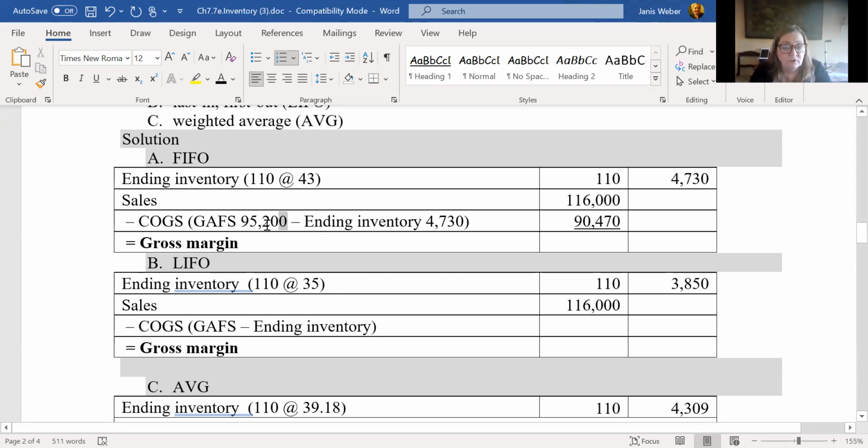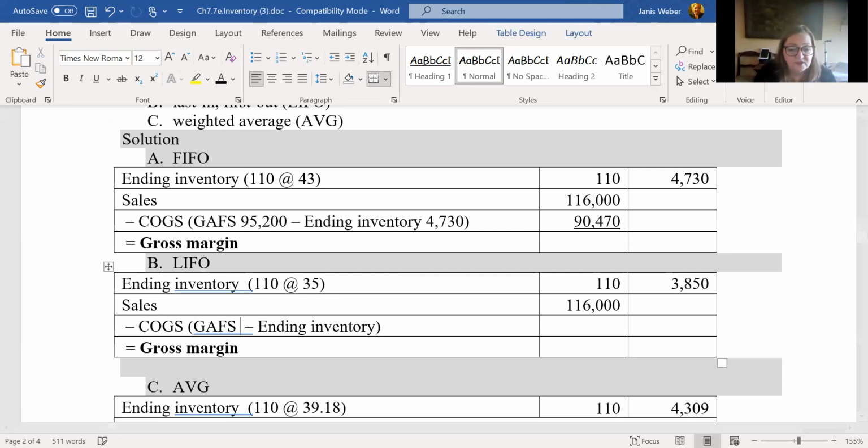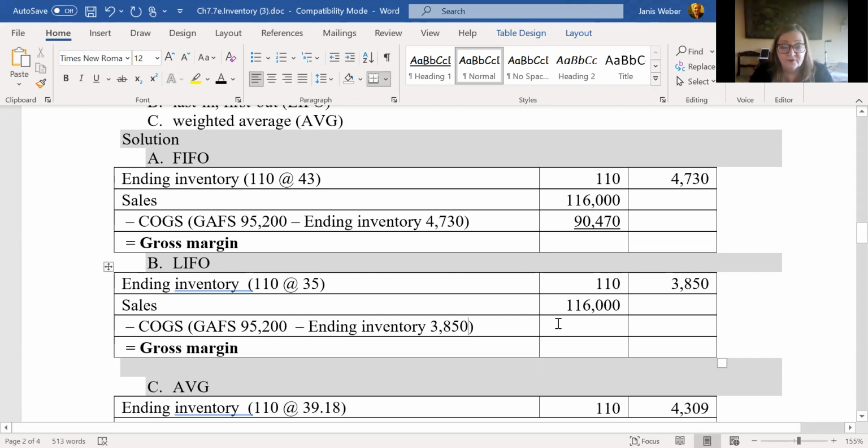All right, so let's do it for the LIFO, last in, first out method. The sales numbers didn't change and the goods available number doesn't change. It's just that the ending inventory is a different number, so we know the cost of goods sold is a different number: the total goods available minus the ending inventory. Under LIFO, the ending inventory was 3,850.